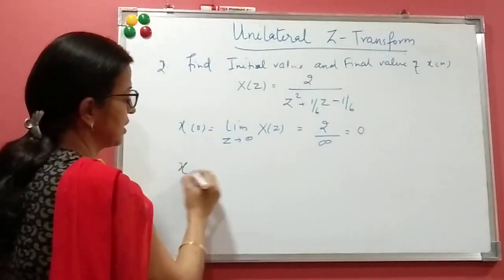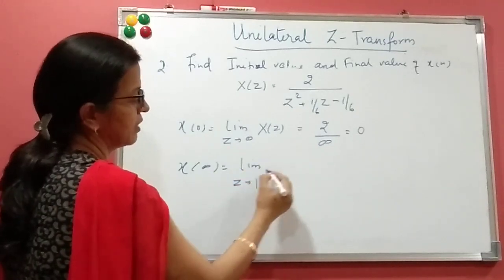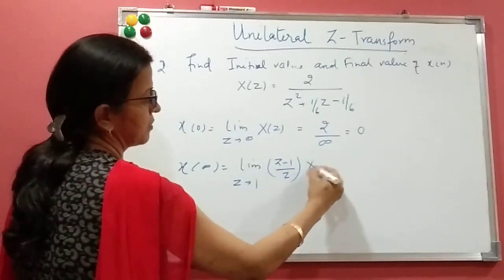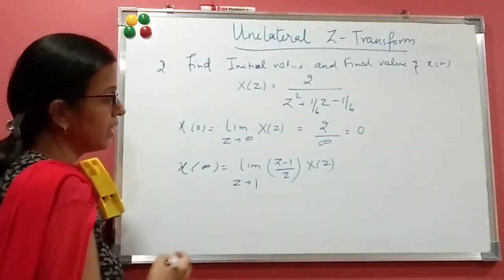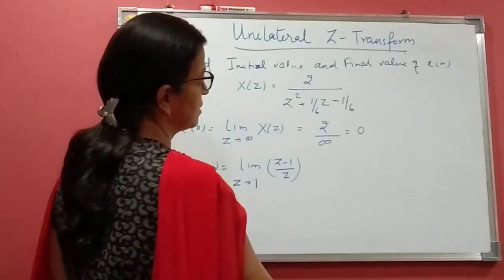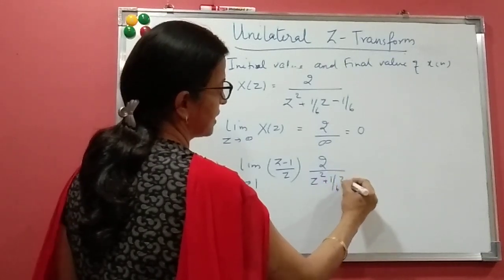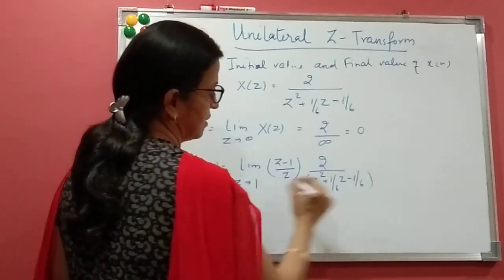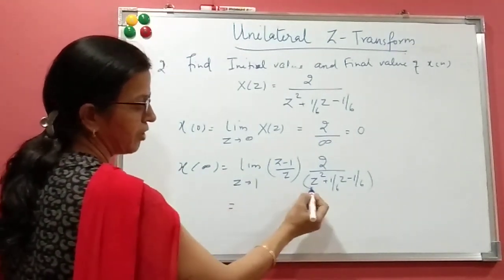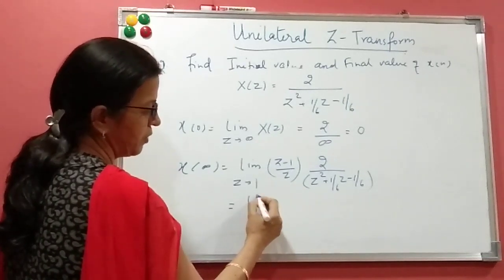What is x of infinity? x of infinity is limit z tends to 1 of (z minus 1) upon z into x of z. What is x of z? x of z is 2 upon (z square plus 1 by 6 z minus 1 by 6). Now if I put the value of z as 1, the denominator does not become 0; only the numerator becomes 0.